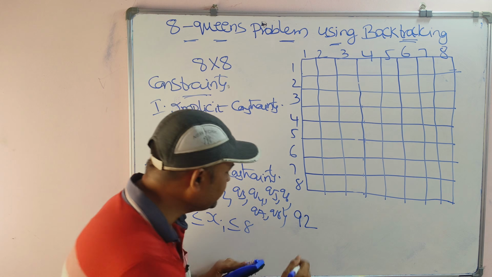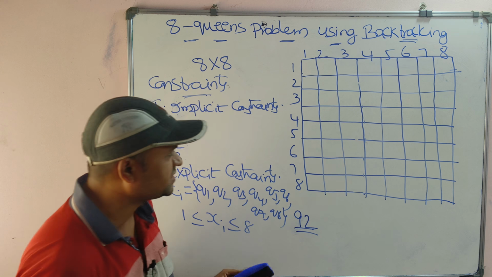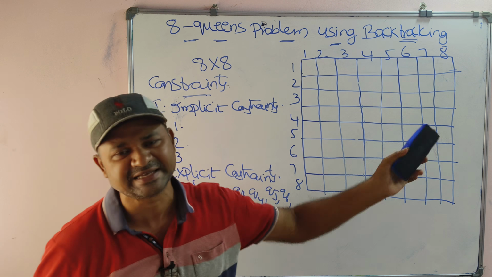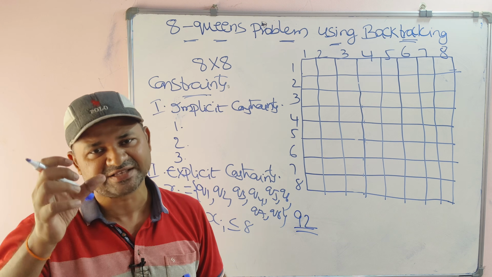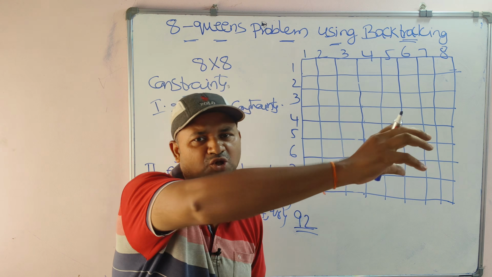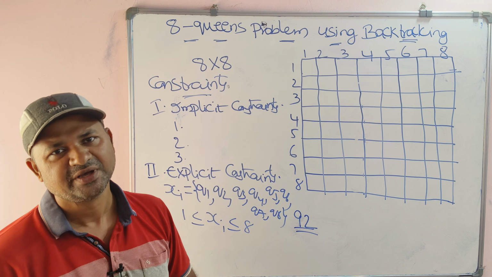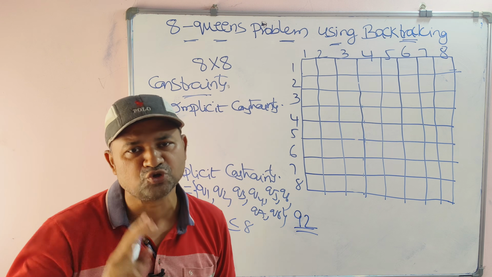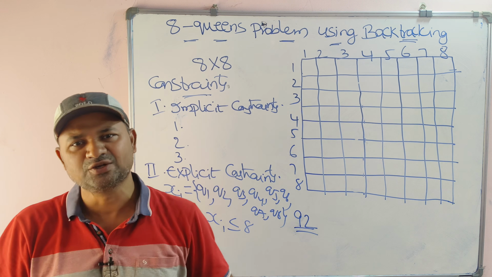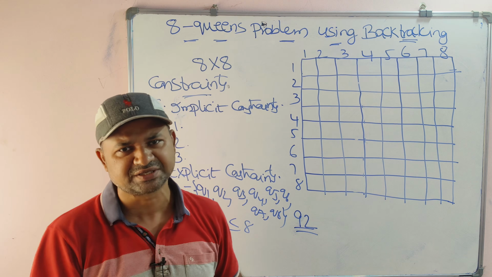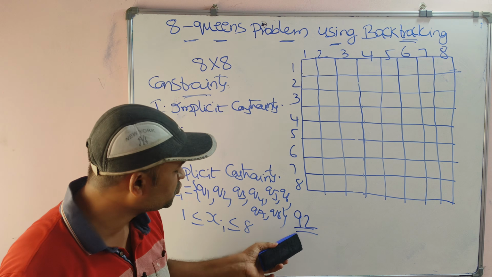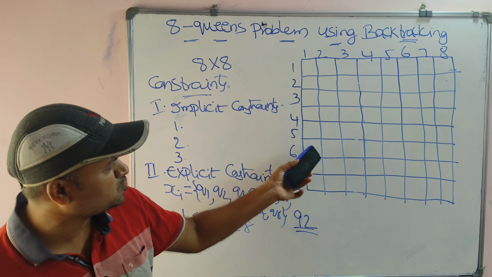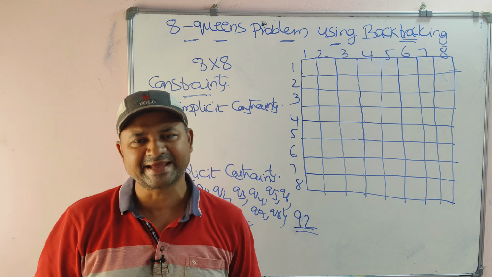But here there are 92 possible solutions and so many cells, so it is difficult to demonstrate all those solutions. Whereas if we take the 4 queens problem, we have only 2 solutions, so it is easy to show all those solutions. But here it is difficult to show all the 92 solutions with the corresponding backtracking.